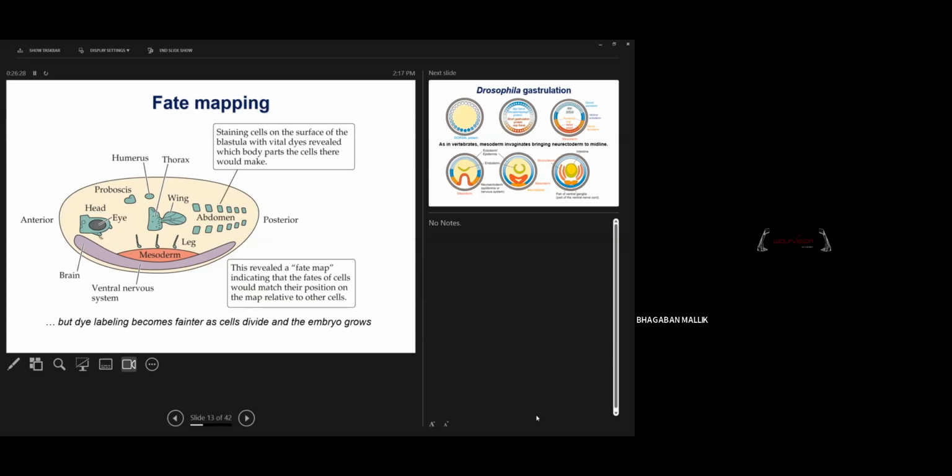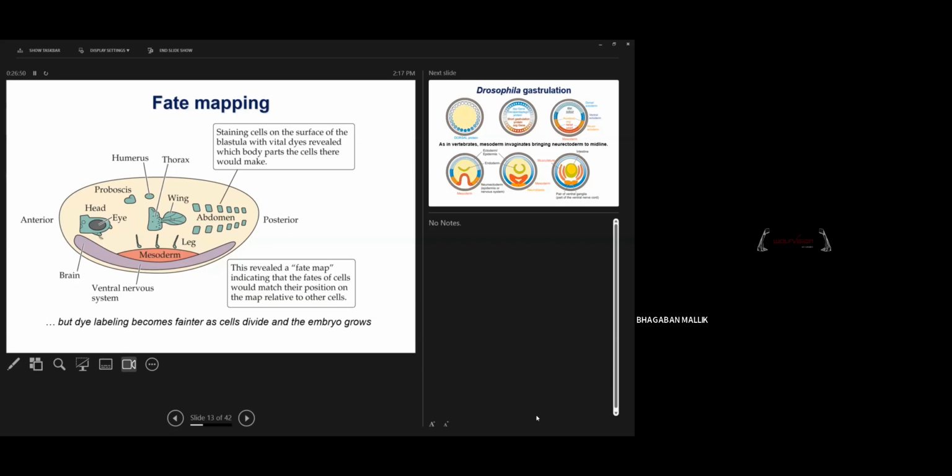These are the imaginal tissues which can develop into future structures. There are dyes to identify the eyes in the embryo, the proboscis where it takes food, the wing, the abdomen, or the neural tubes.